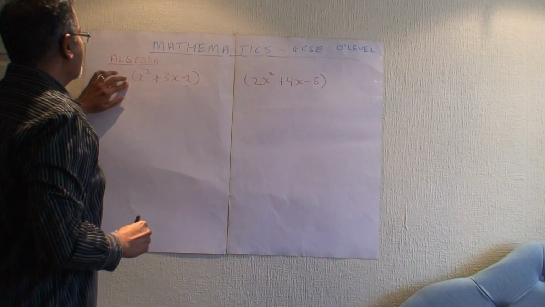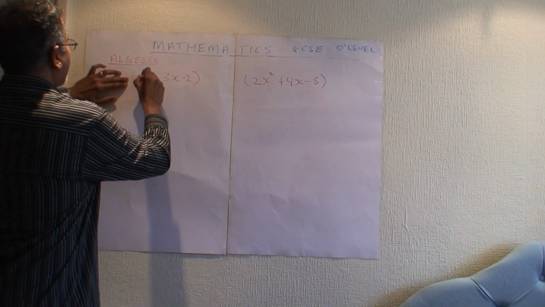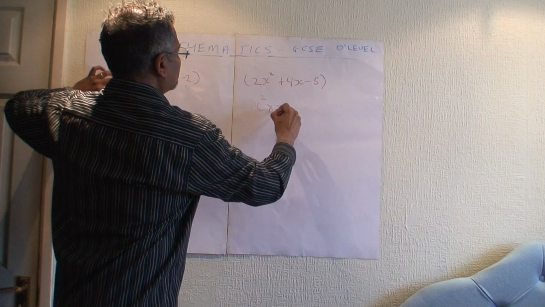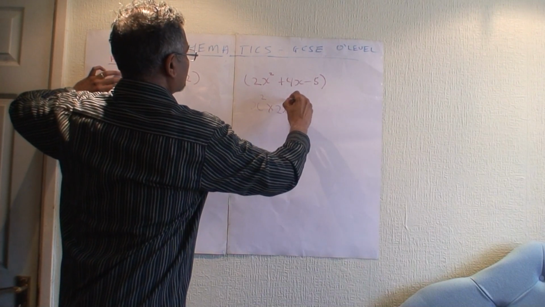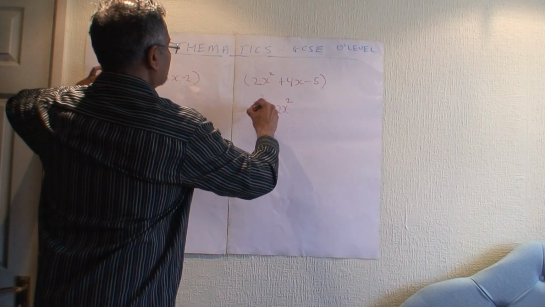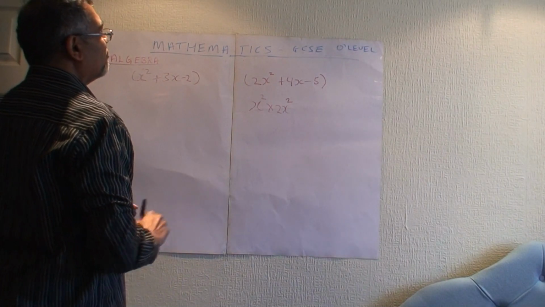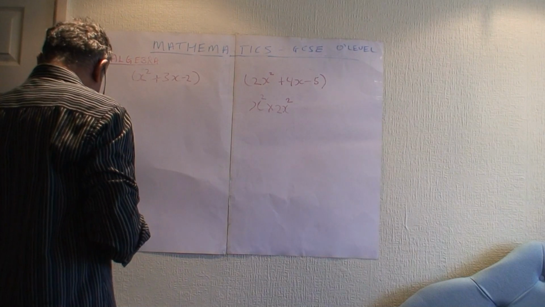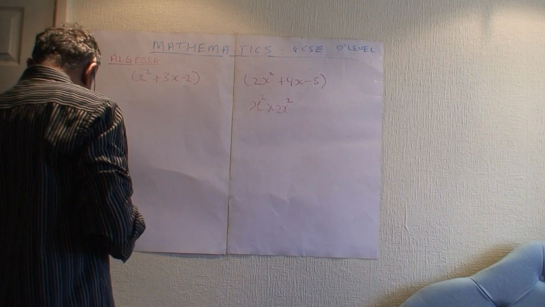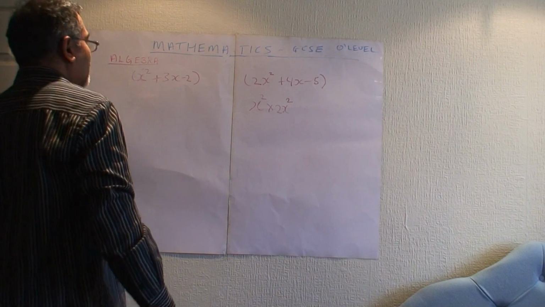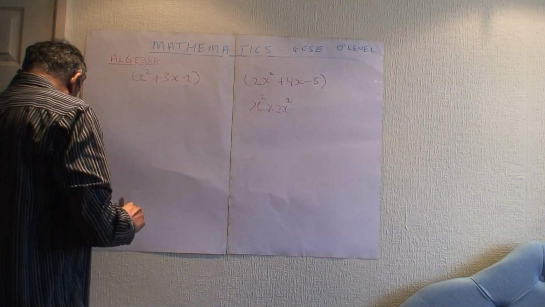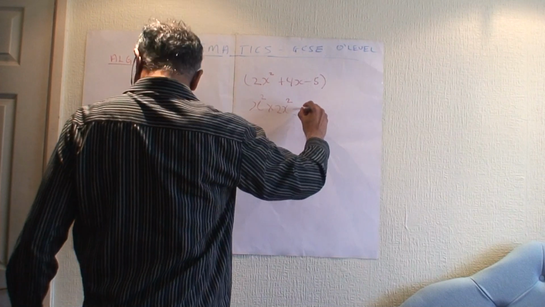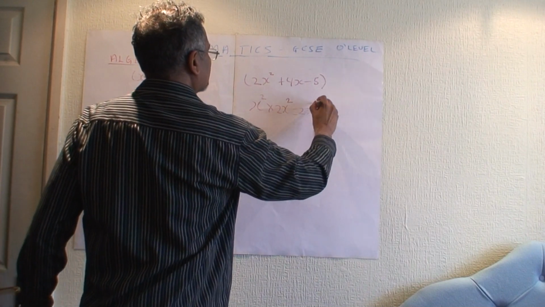So we need to work out x squared multiplied by 2x squared. x squared multiplied by 2x squared works out to be 2x to the fourth power.